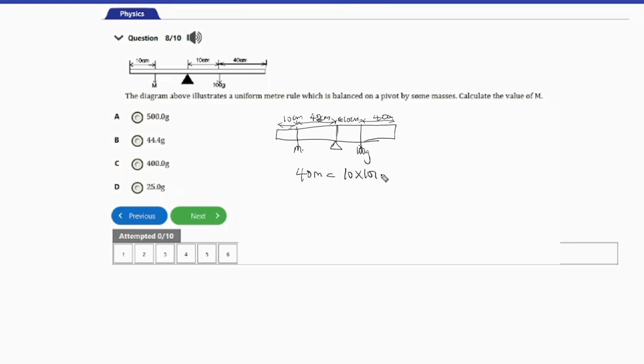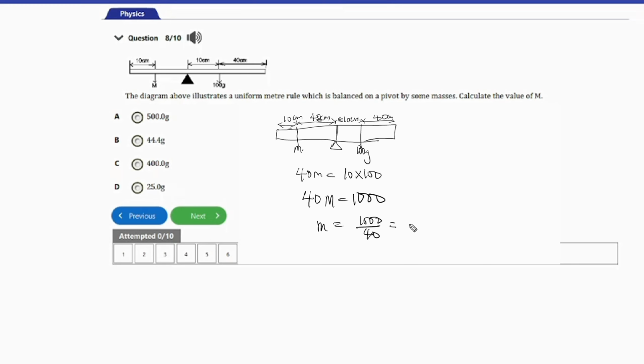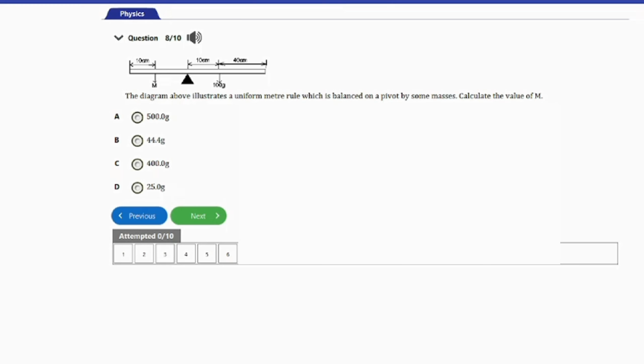So in that case, 40 m is equal to 1000. So if 40 m is equal to 1000, then m is equal to 1000 over 40. So that's 100 over 4, and that's 25 grams. So guys, option D is the answer to this question, and that's 25 grams.